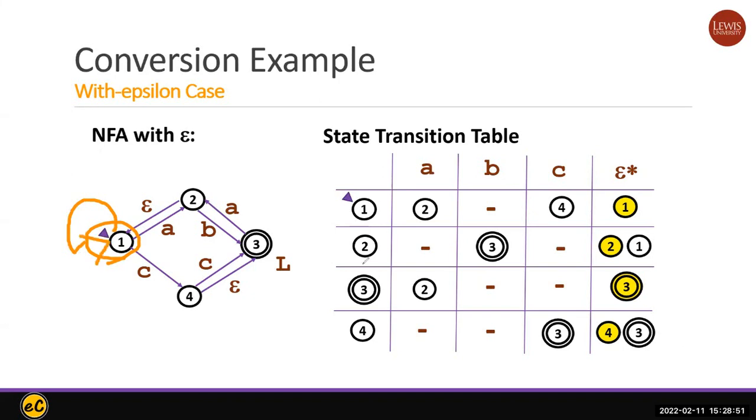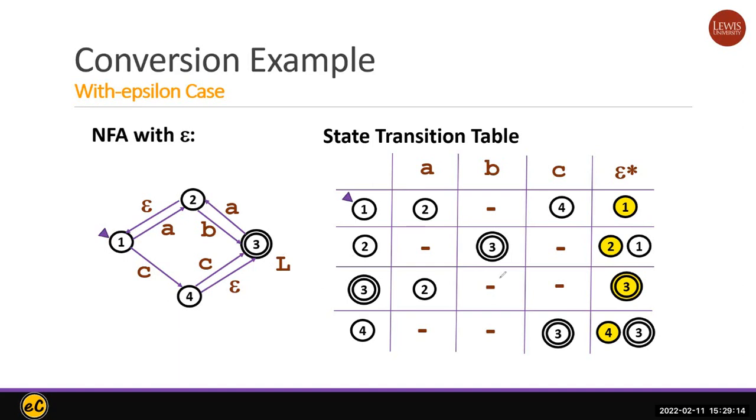Then state 2, it takes epsilon, you will go to state 1, and you can also stay at state 2. If you take a B, you go to state 3. Take A or C, you go nowhere. State 3 is a termination state.